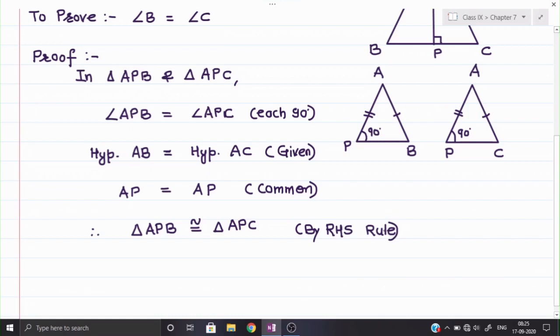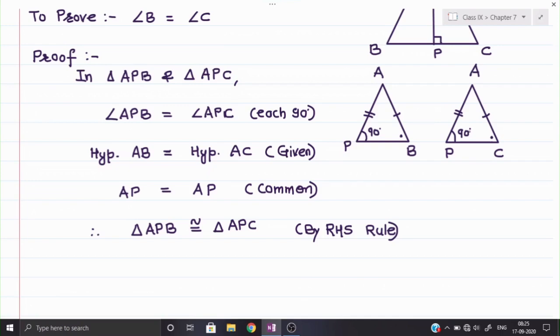Now we have proved the triangles congruent, but did we get whatever we required? Look at the two angles now. First of all, look at this angle. This angle is angle ABP and this angle is angle ACP. Both the angles are corresponding, and corresponding angles will always be equal in two congruent triangles.